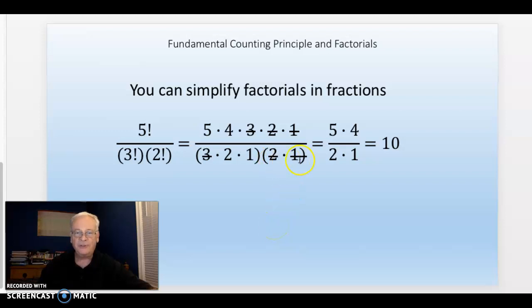Well, we can cross off the 2 and the 1, and we can cross off this 3 right here too. That leaves us on the top the 5 and the 4 multiplied together, and the 2 and the 1 on the bottom. This equals 10. So 5 factorial divided by 3 factorial times 2 factorial equals 10.